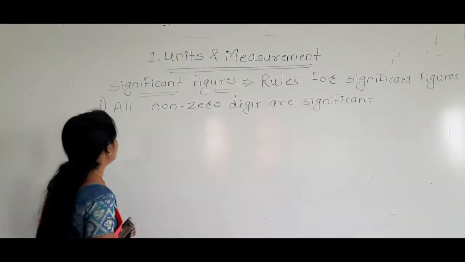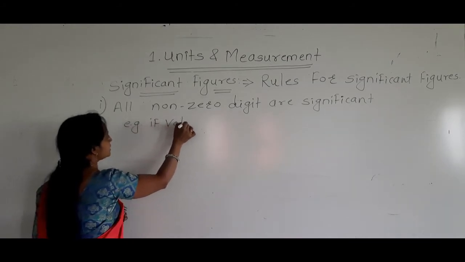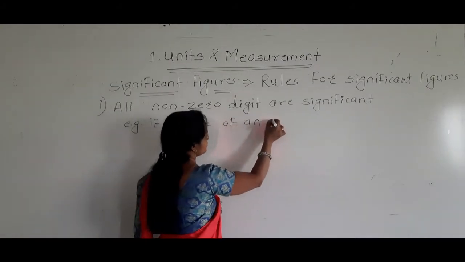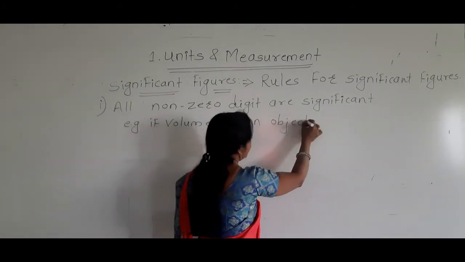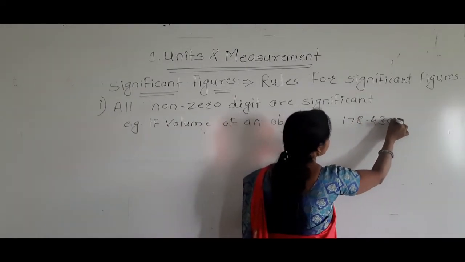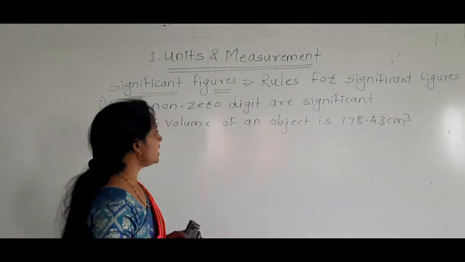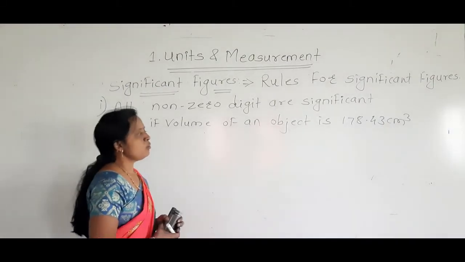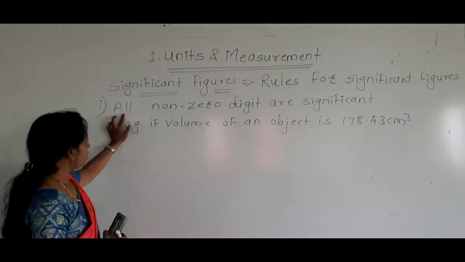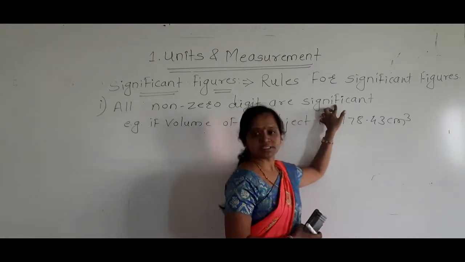For example, let us consider the volume of an object is 178.43 centimeter cube. This is the volume of the object. Then the first rule: all non-zero digits are significant.